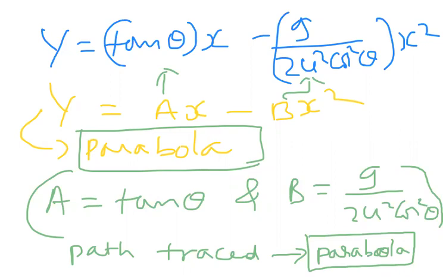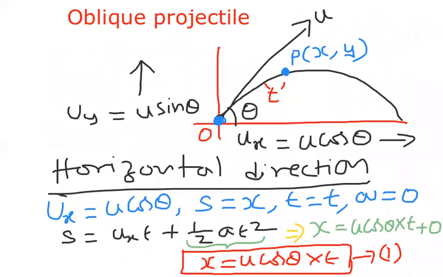So observe carefully. First, oblique projectile means a body is projected at a certain angle with the horizontal. We resolve velocity into components. So I consider a point P, x comma y. X is horizontal displacement, y is vertical displacement.